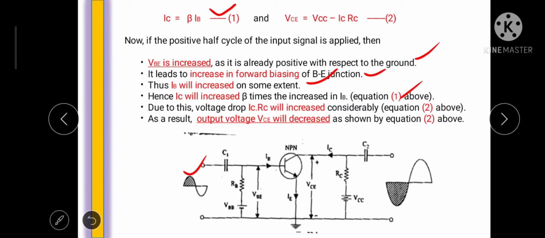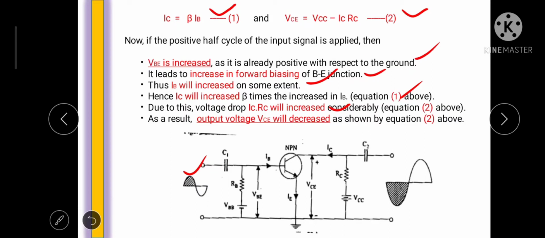As the collector current IC is going to increase, the voltage drop IC into RC will also increase considerably, using equation number 2, which is VCE equals VCC minus IC into RC.